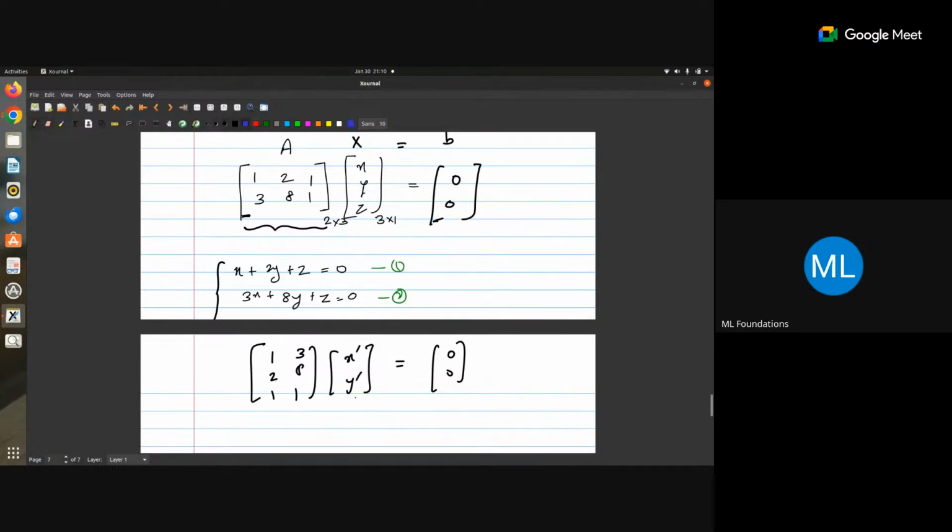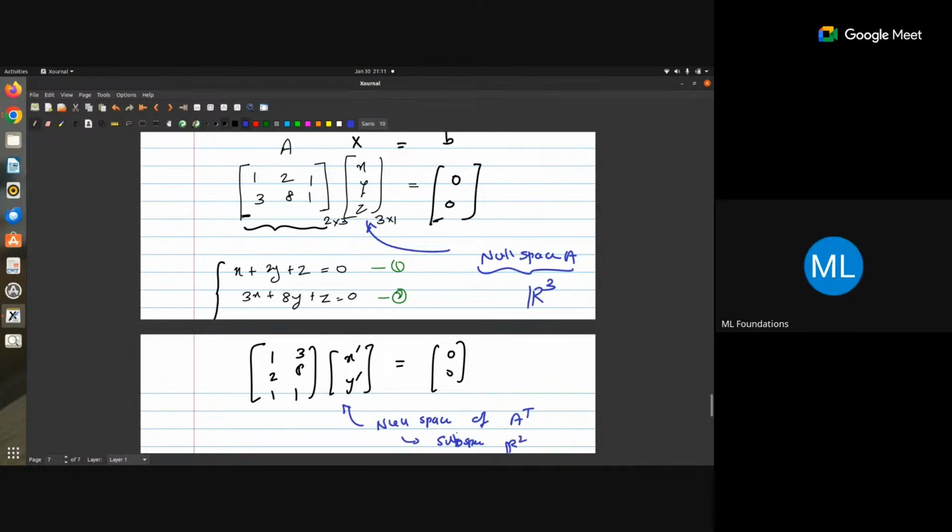This vector x prime, y prime represents my null space of A transpose. And what is this? It is the null space of A. Now you can see that the null space of A is a subspace in R3, and the null space of A transpose is a subspace in R2.